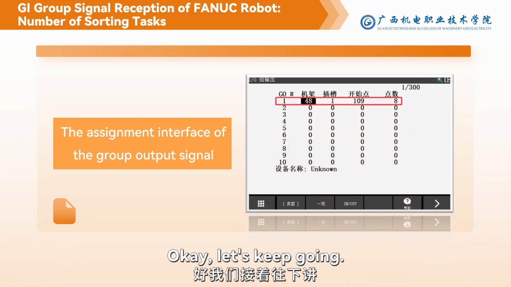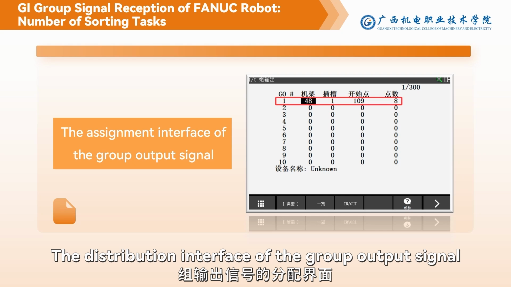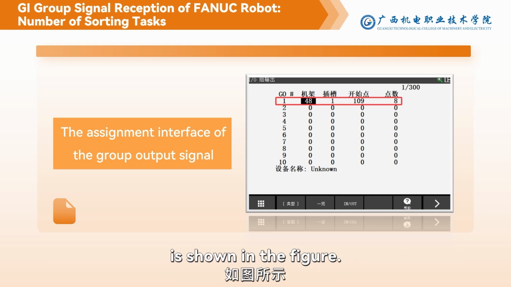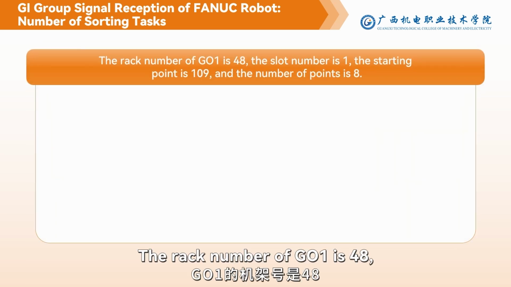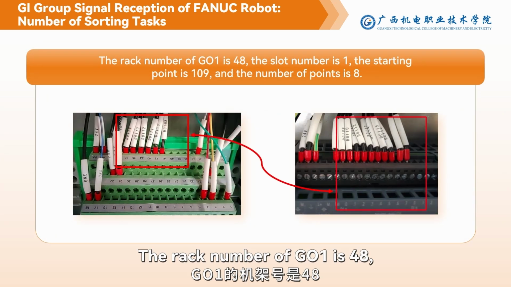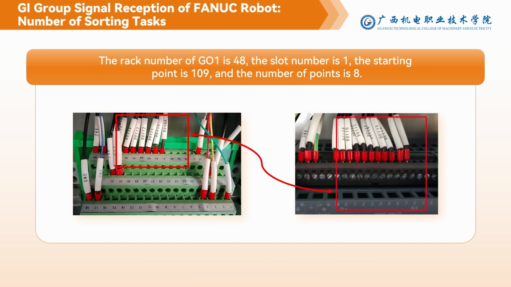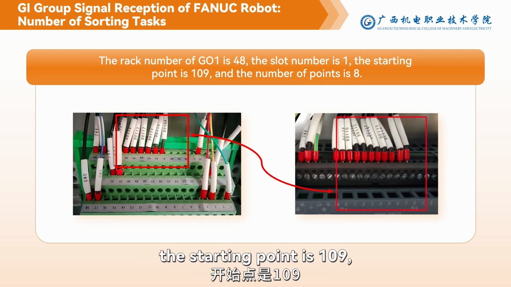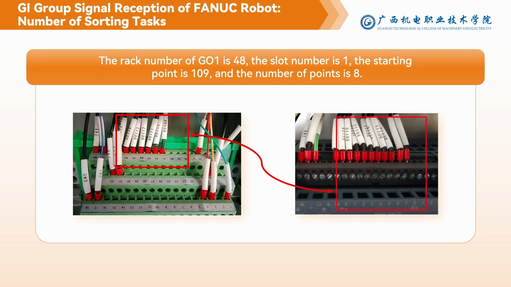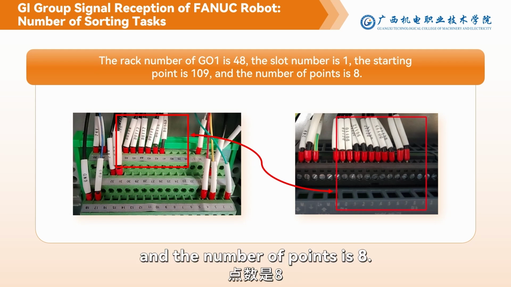Okay, let's keep going. The distribution interface of the group output signal is shown in the figure. The rack number of GO1 is 48. The slot number is 1. The starting point is 109. And the number of points is 8.